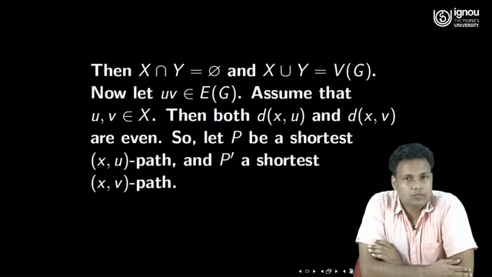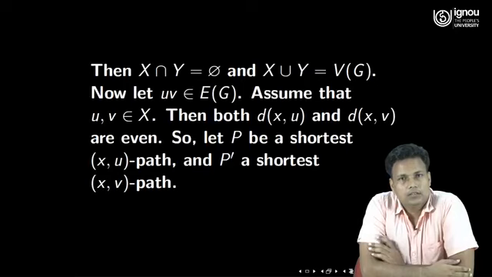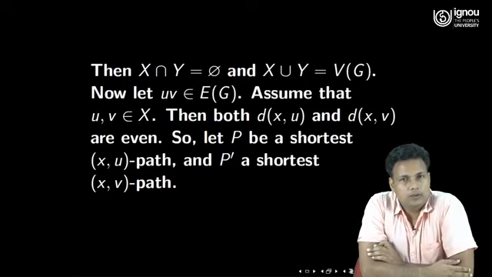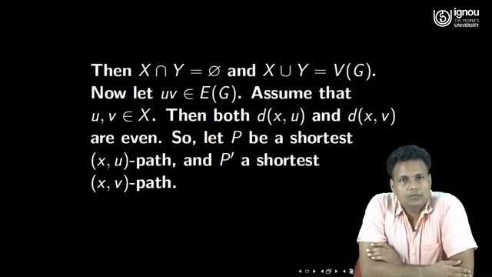Now, it remains to show that if you take any edge of G, one of its endpoints must be in X and the other endpoint must be in Y. So, let us choose any edge UV of G. Assume that U and V both lie in X, and let us see what happens.